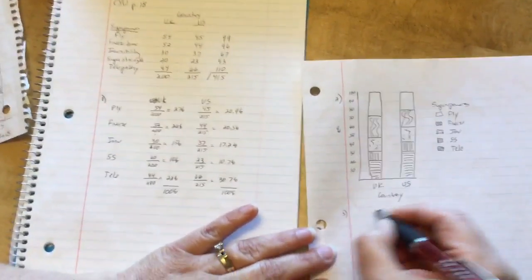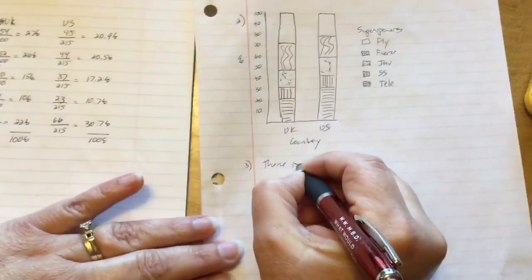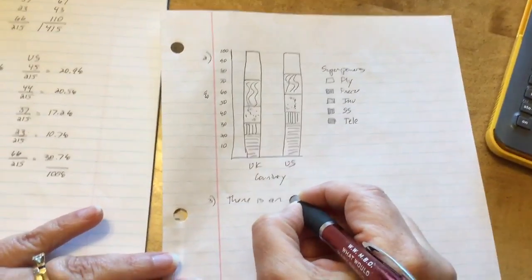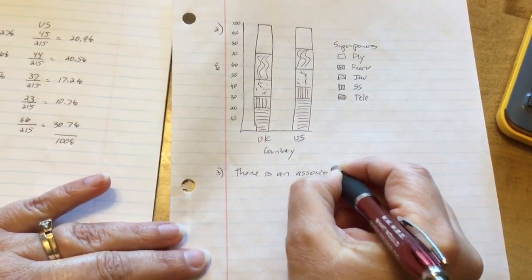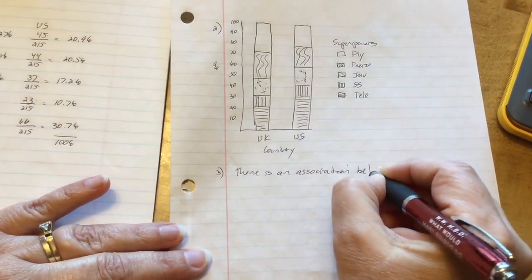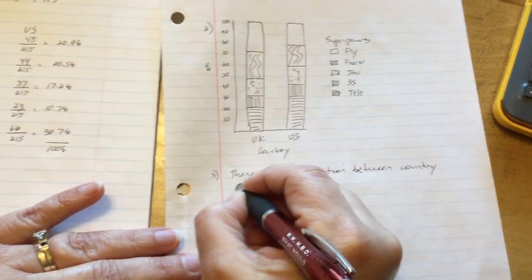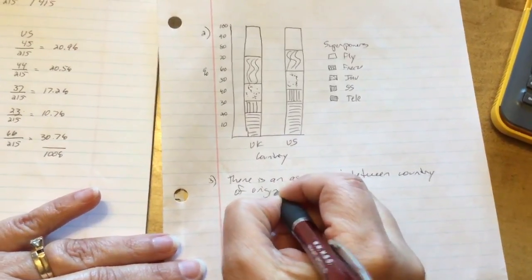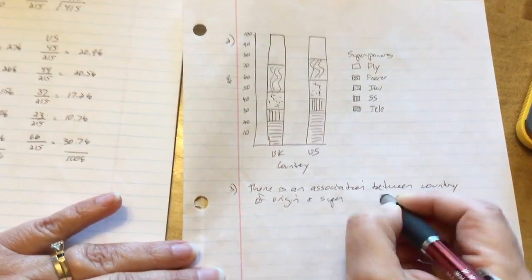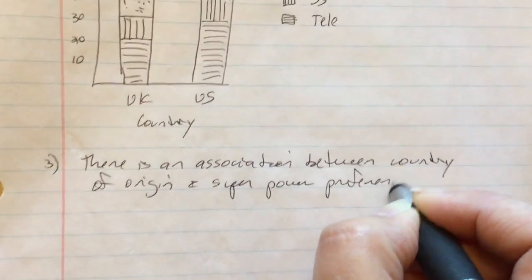So let's say there is an association between country of origin and superpower preference.